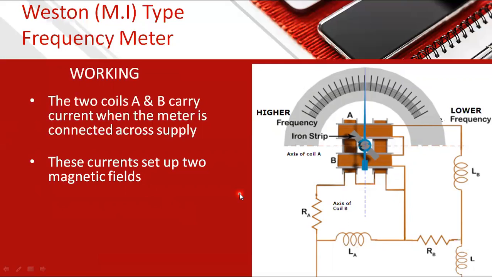We know that a current carrying conductor produces a magnetic field, and you might have also seen the solenoid. When a solenoid carries current, how is the direction of the magnetic field? Let us have a revision of the solenoid again here.